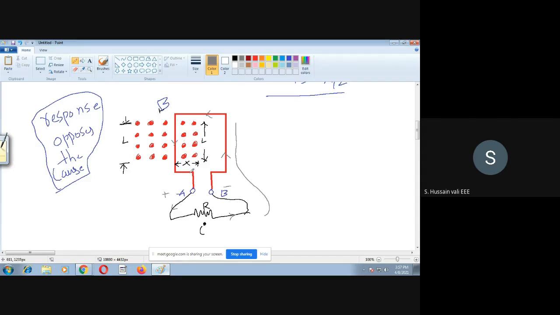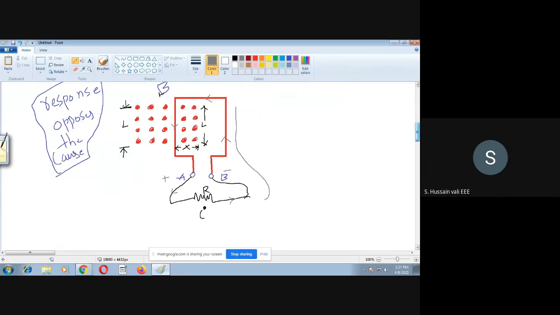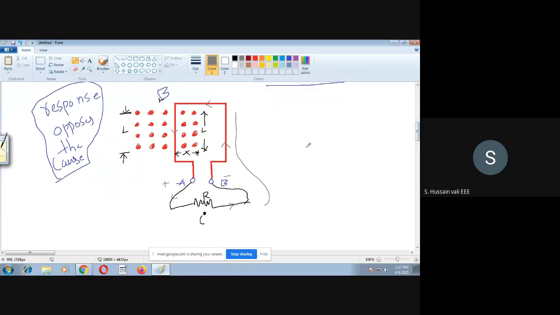Now we will see whether this polarity is correct or not. How do we see that? We will take the help of another rule, the thumb rule.